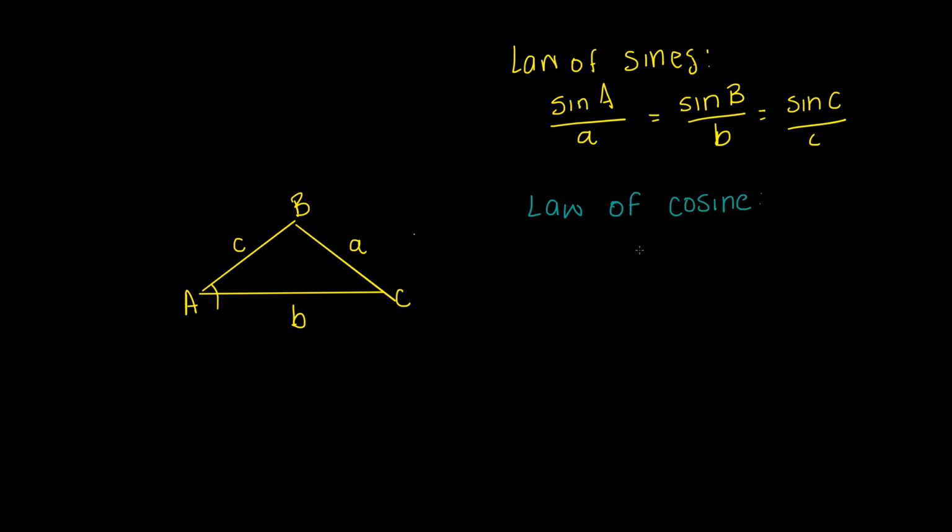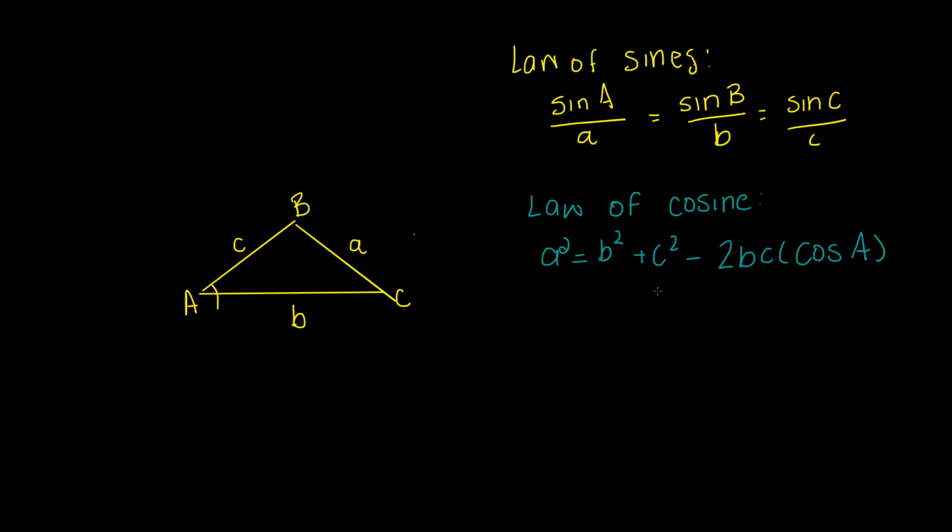The law of cosines is basically a squared equals b squared plus c squared, so we have the Pythagorean theorem, minus 2bc times the cosine of angle A. And that's if we want to find the length of side a.